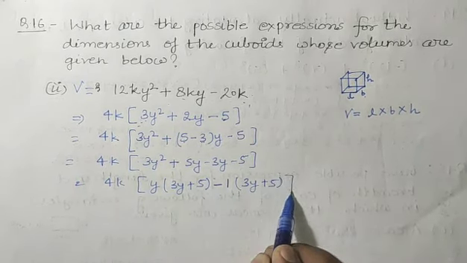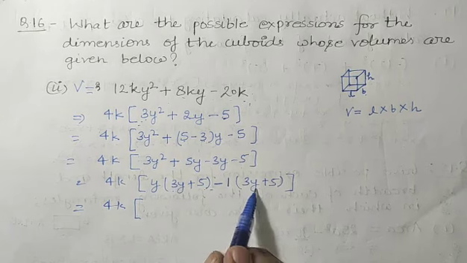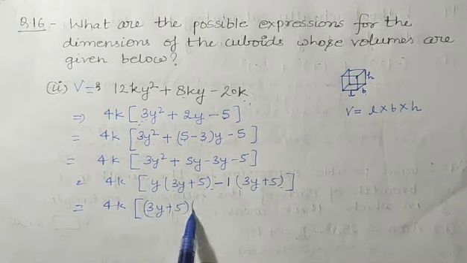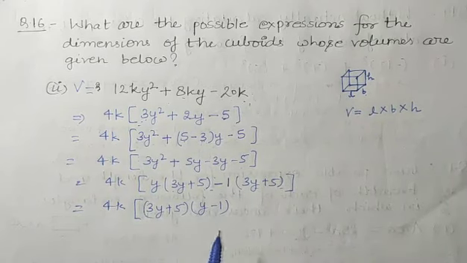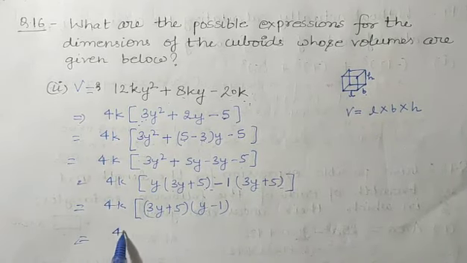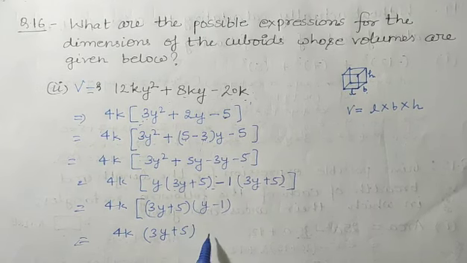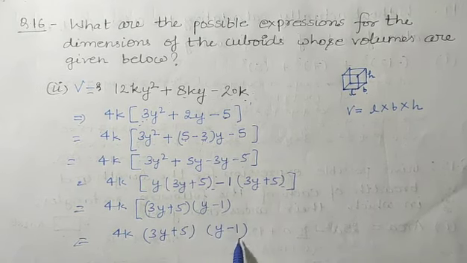Now 4k. So just see, 3y plus 5 is common. So just take it common. What is left? y minus 1. So here students, what we got? 4k into 3y plus 5 into y minus 1.